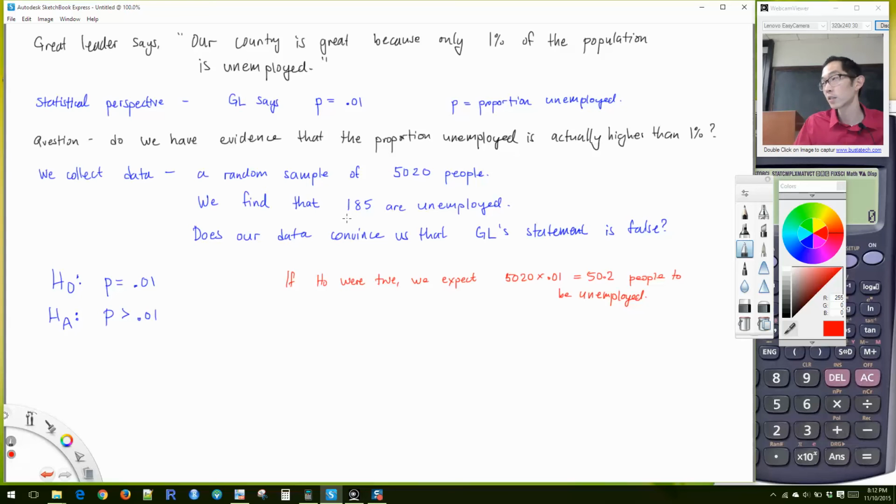Does your gut instinct say the probability of this happening by coincidence is high, or low? Low, right? Okay, and because the probability of it happening by coincidence is low, that causes us to believe the statement that Great Leader is making is false.